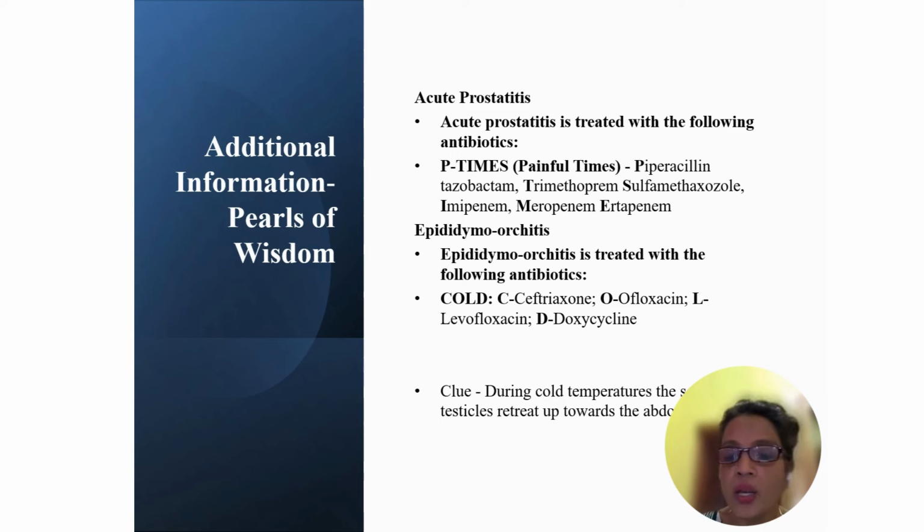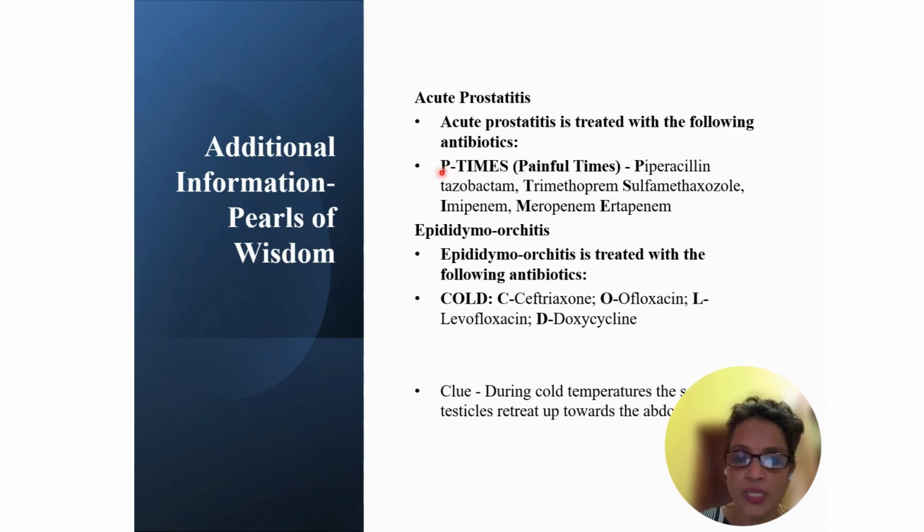How do we treat acute prostatitis? Now, acute prostatitis can be treated with these antibiotics empirically, that is P times. P times is painful times. We all know that prostatitis results in severe pain, especially the pelvic pain and the lower abdominal pain. So remember this mnemonic P times or painful times.